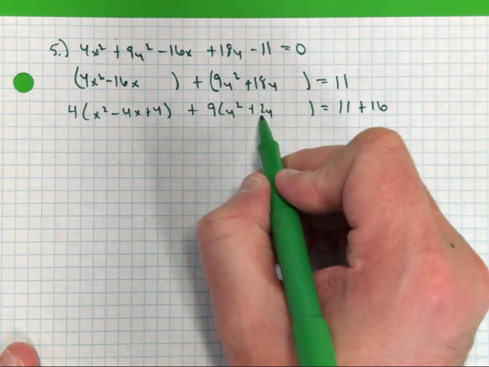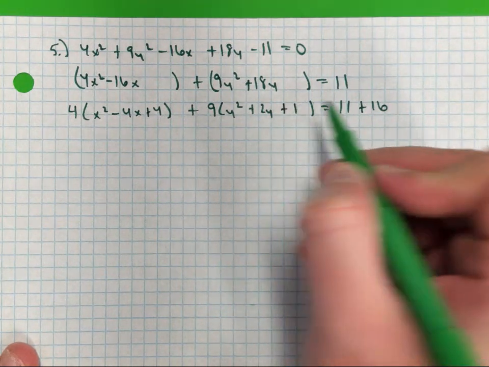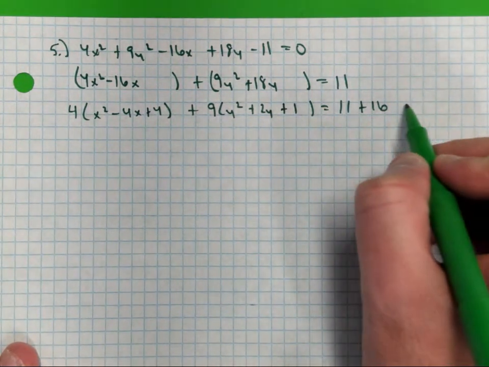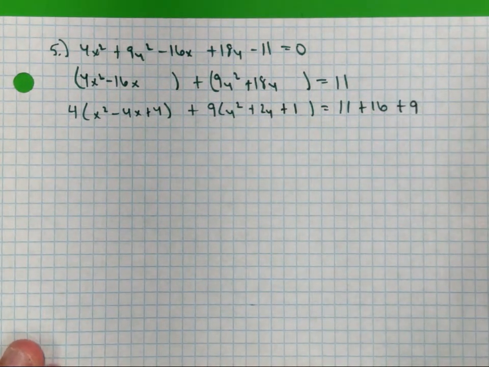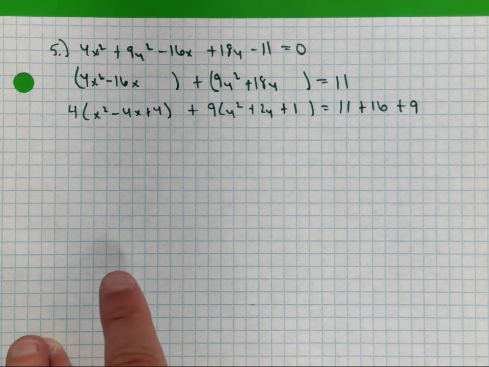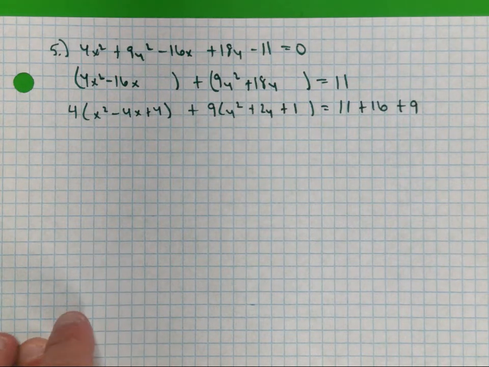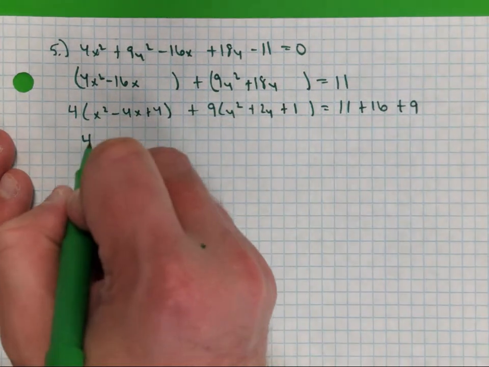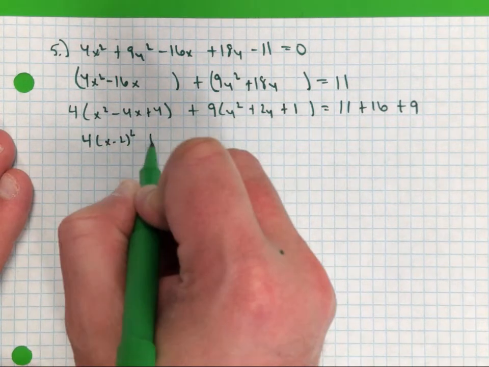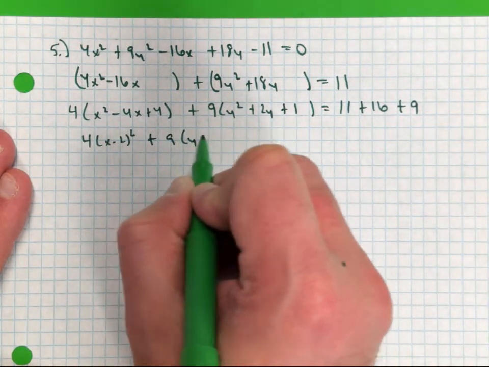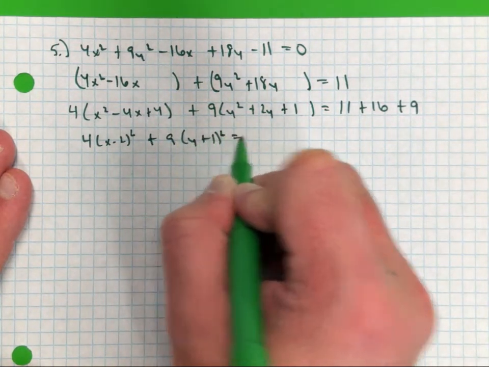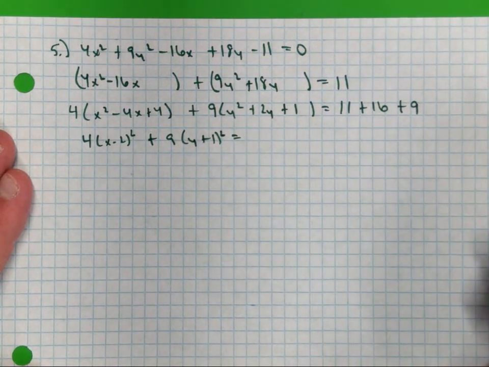What's half of 2? 1 squared is? Am I going to add 1 or 9 on this side? 9. Does that make sense? Alright, now that's going to be 4(x minus 2) squared plus 9(y plus 1) squared equals, what's that? Do that add for me. 52, 16. Is it 36? 36, thank you.